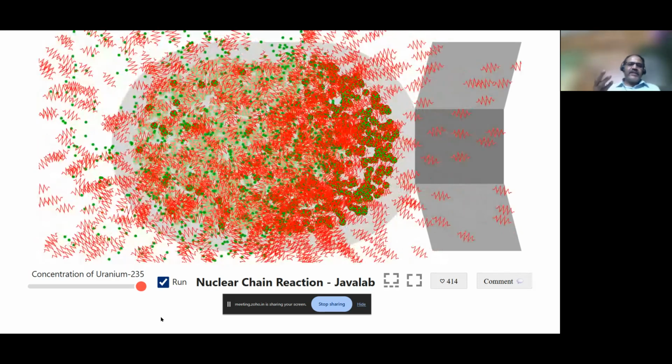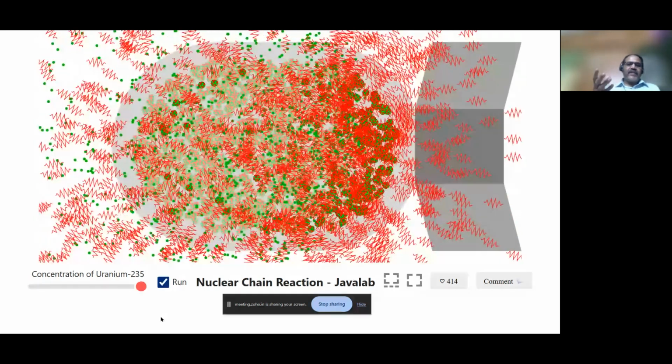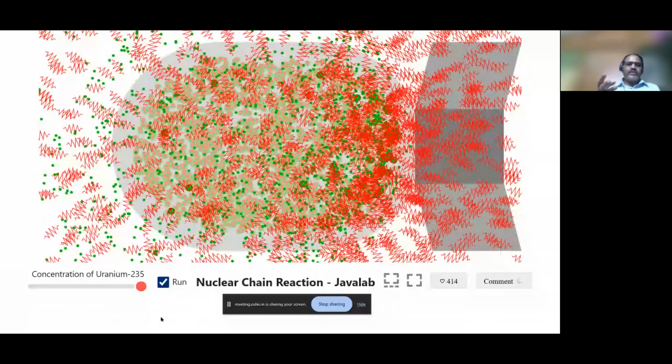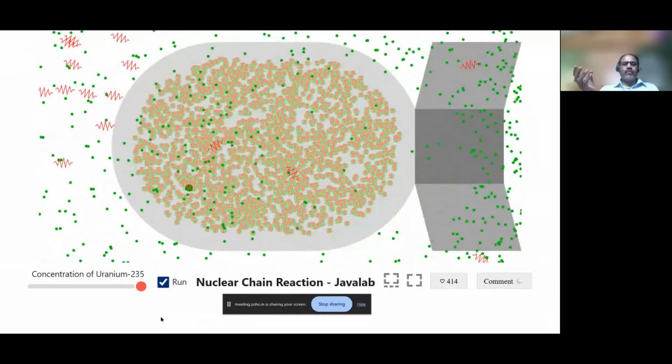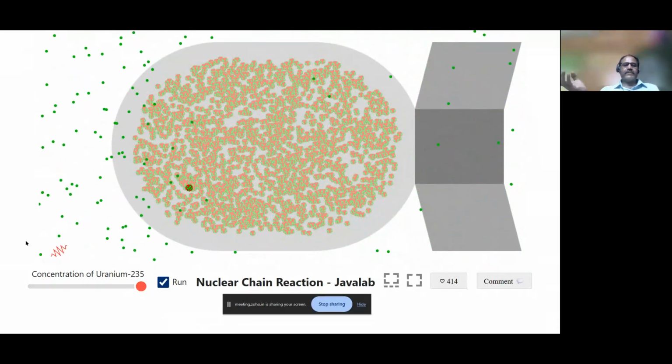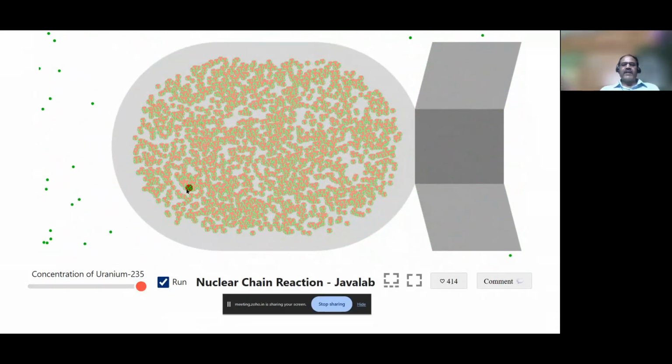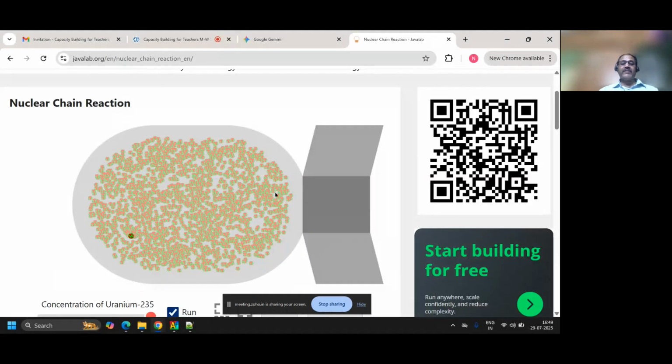So this is an explosion, and this explosion destroys everything. Finally, there is only one atom left over here. Rest everything is completely done. This is the fundamental principle of what happens in an atom bomb, in a nuclear chain reaction.